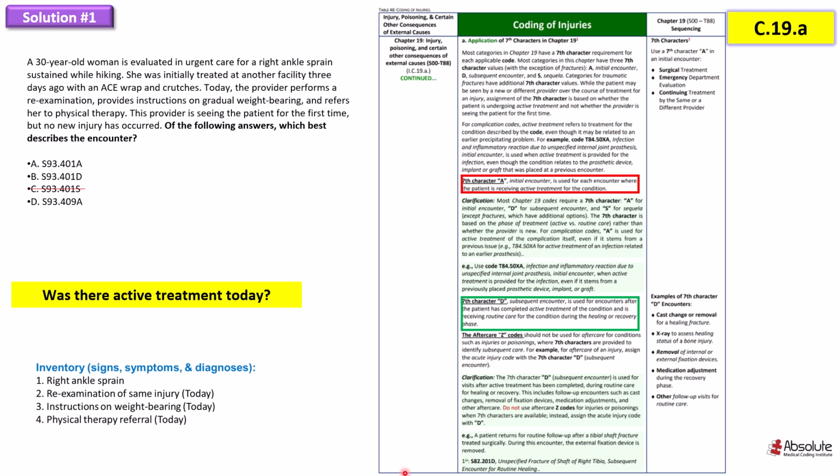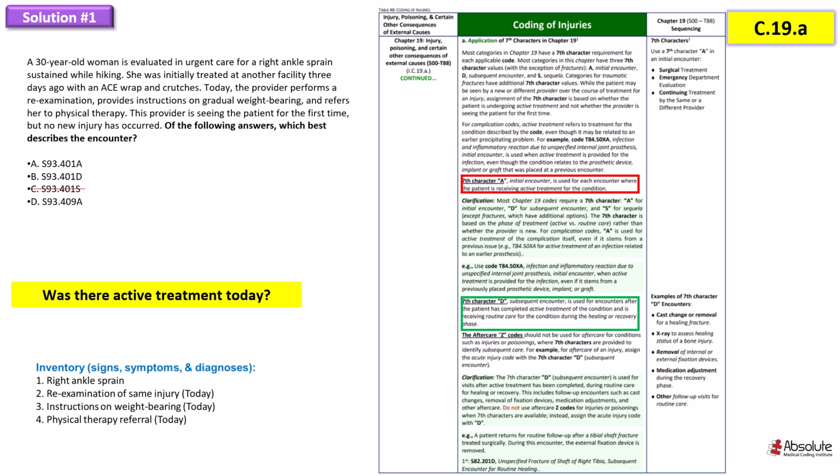So I know that this injury happened 3 days ago. They had the active treatment 3 days ago, and we are now in the healing phase and should use seventh character D for subsequent encounter.